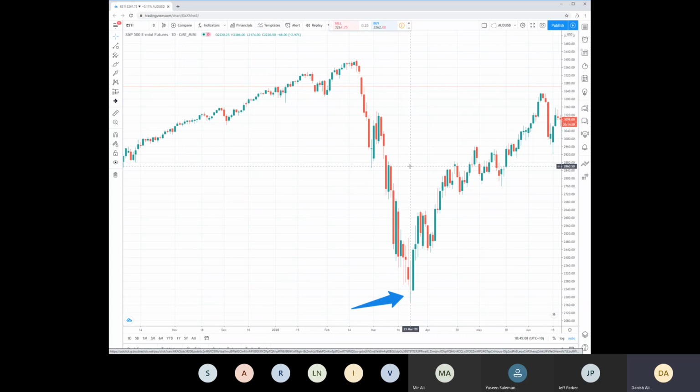It opened at 2220.25, closed at 2220.50. It barely moved 0.25 points. And yet the highest was 2386 and the lowest was 2174. It's like 200 points up and down. So on this particular day, the bulls and the bears, the buyers and the sellers, were in a very fierce clash.